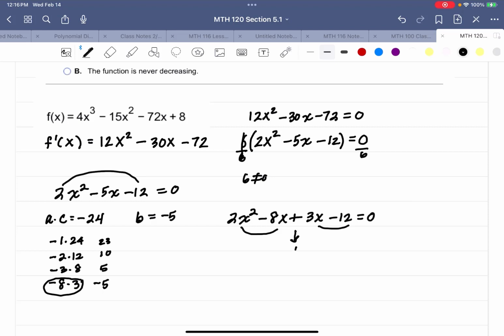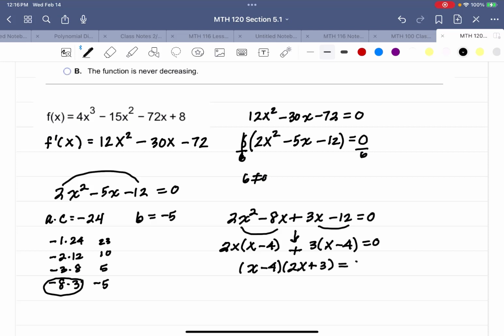And don't forget to drop that middle sign down. Take out a 2x from the first two, and I get 2x times x minus 4. I take out a 3 from the second pair and I get x minus 4. And the common factor is now x minus 4 times 2x plus 3.